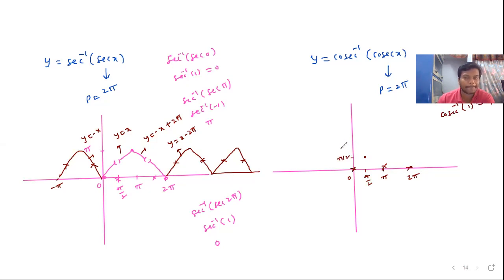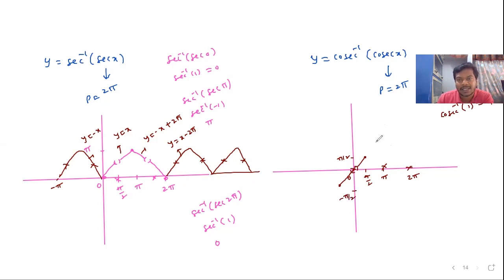Next, if I write minus pi by 2, then what happens? Same, minus pi by 2. There is a gap like this. And we know that its range is from minus pi by 2 to pi by 2 except 0.